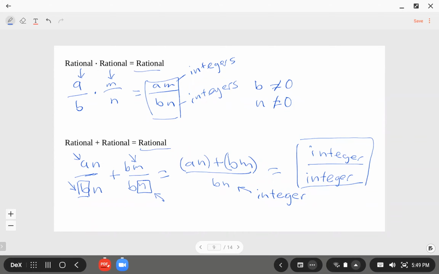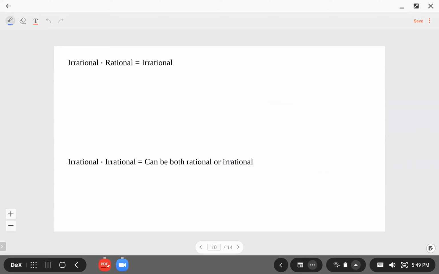Now we start working with irrational numbers. A rational times an irrational can be an irrational number. Irrational multiplied by rational equals irrational, but sometimes you don't know that. So how do you prove this?